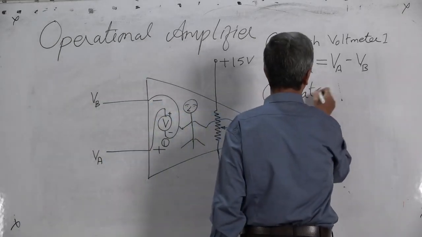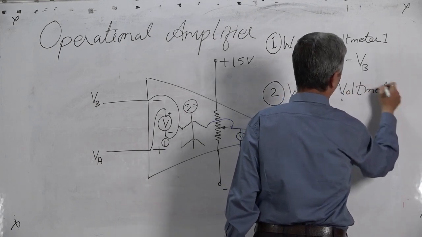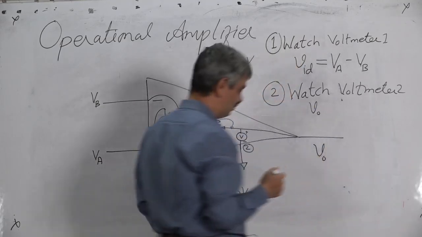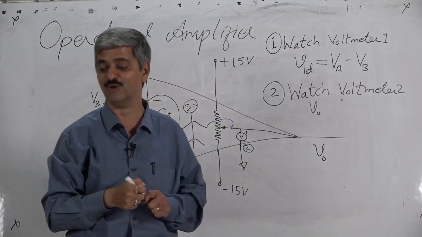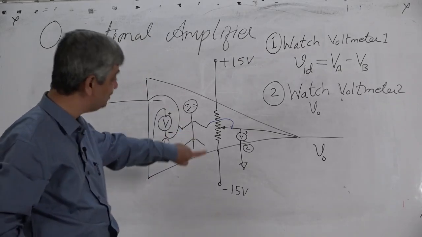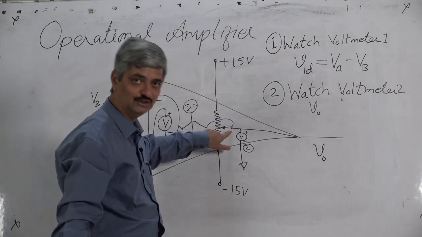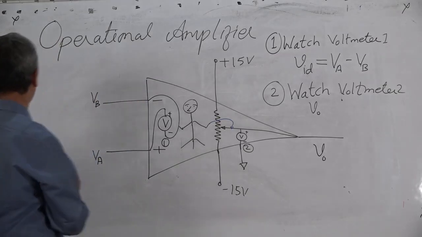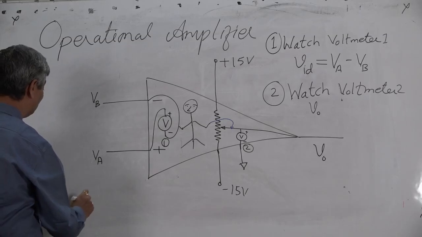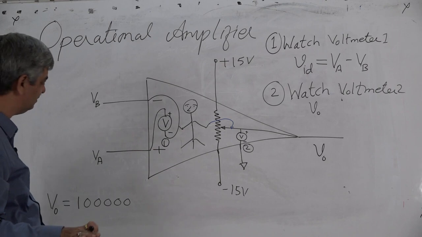Watch voltmeter 2, that is VO, but you are not supposed to only watch, you are also supposed to act upon it and try to change the variable knob so as to ensure that VO is equal to 1 lakh. 1 lakh, I am deliberately choosing a general figure, not specific.